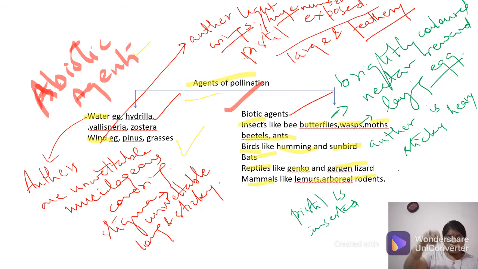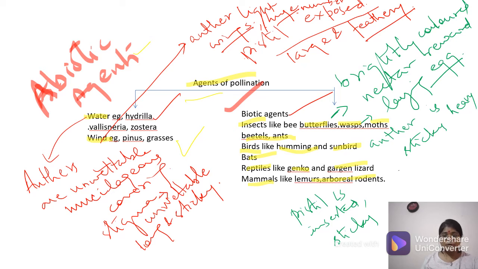Therefore insects have to move deep into it. It is inserted, and it is sticky. So the pollen on their furs sticks to it. Okay, so we have completed the agents of pollination.